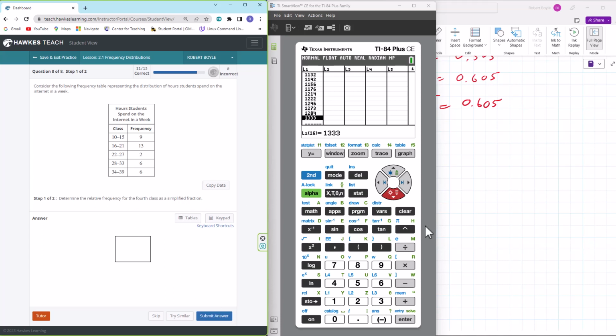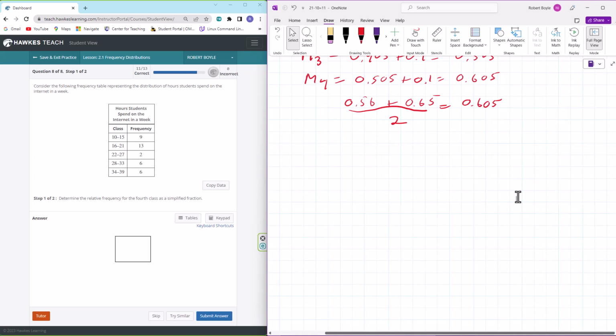Now remember, the relative frequency for the fourth class is going to be equal to the frequency of the fourth class divided by the total number of elements in the data set. The total number of elements is the sum of all the frequencies.